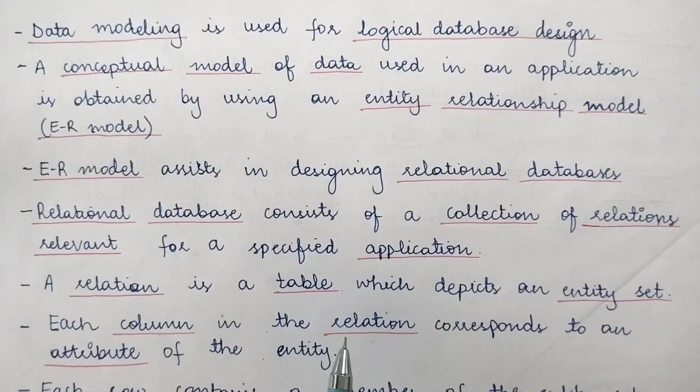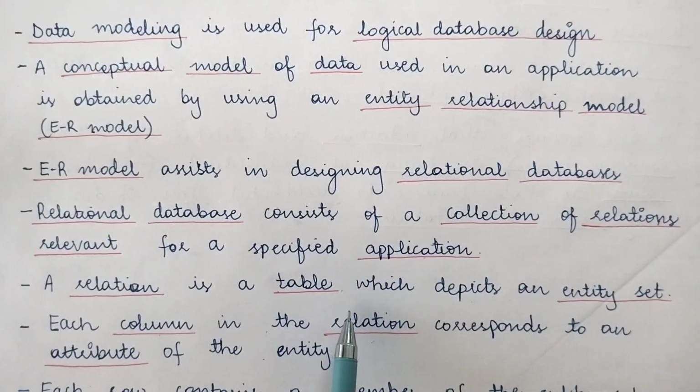So whichever relation you take, each column of that specific relation corresponds to what? An attribute of the entity. That means each column of a relation is representing some attribute of an entity set. So for example, student ID: there will be a column for student ID which will have all the student IDs of all the entities belonging to that particular entity set.